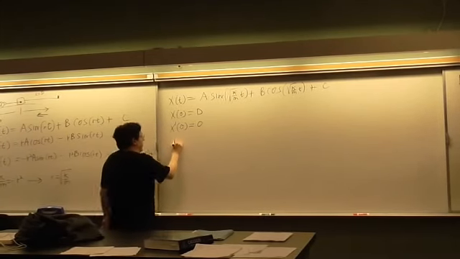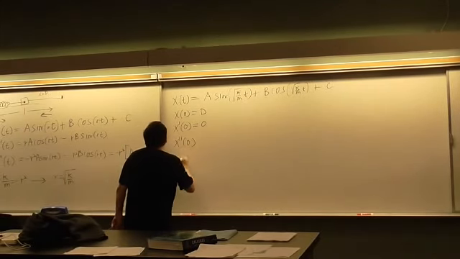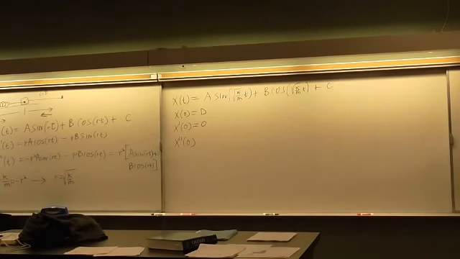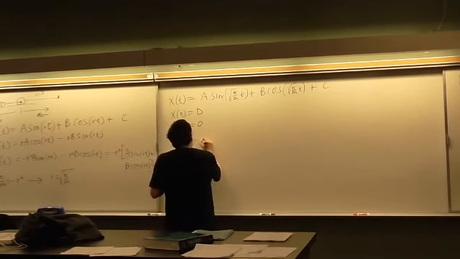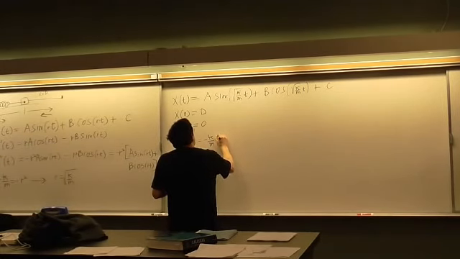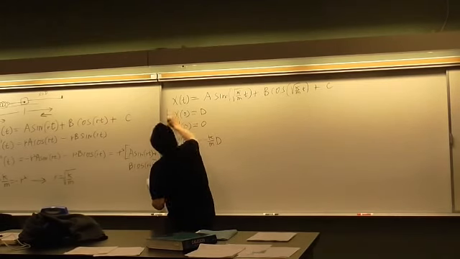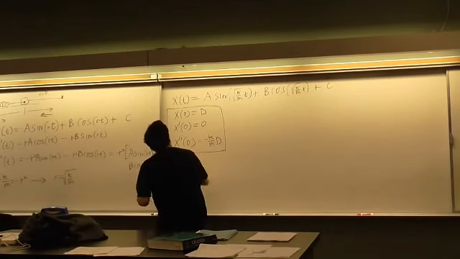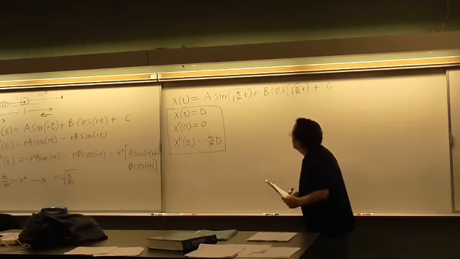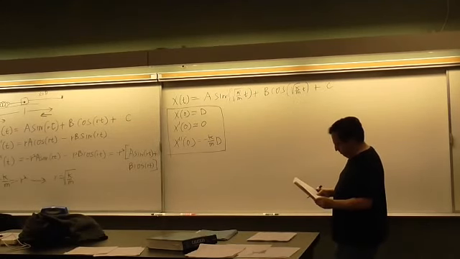To understand what the acceleration is at that point, we have to go back to our physics and say, all right, the force at this point is minus kx. So the acceleration is minus k over m times x, which is d, right? So the acceleration will be minus k over m times d. Okay, these are our initial conditions, and we want to use those to find some of these arbitrary constants.